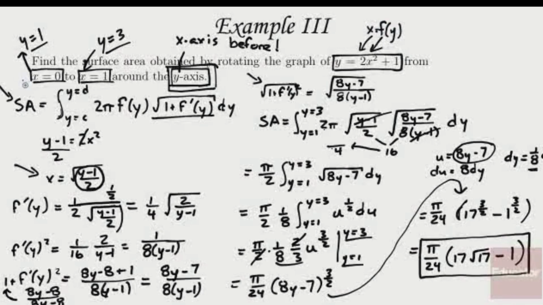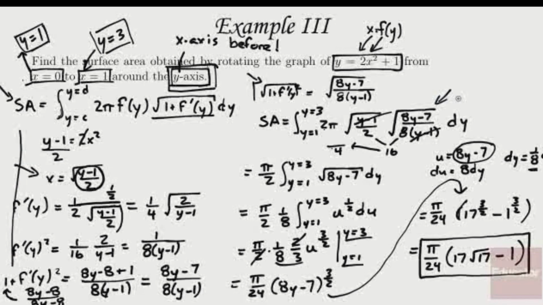And any x values that you're given have to be converted into y values. Once you do that, you walk through the process of calculating this radical, 1 plus f prime of y squared, and then it's still kind of a messy integral, but the square roots sort of cancel nicely and you end up with something that's not too complicated at the end.